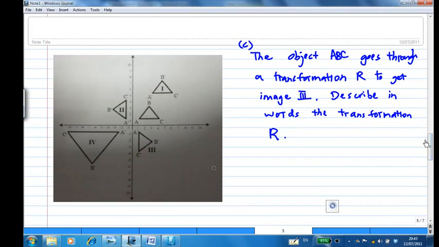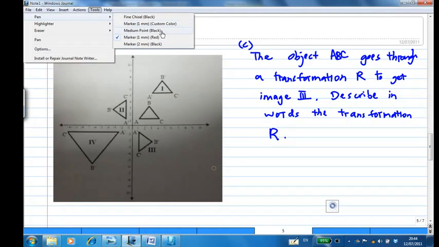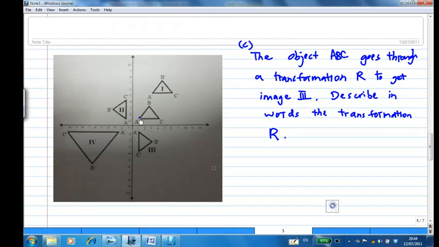Part C. The object ABC goes through a transformation R to get image 3. So let's look, the object ABC is here and goes through transformation R to get image 3, which is A prime here, image 3.